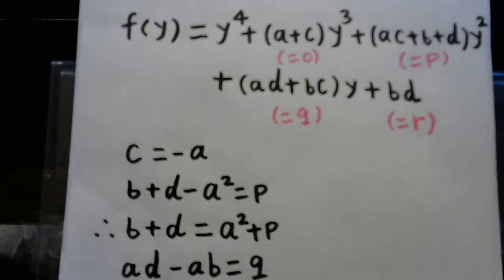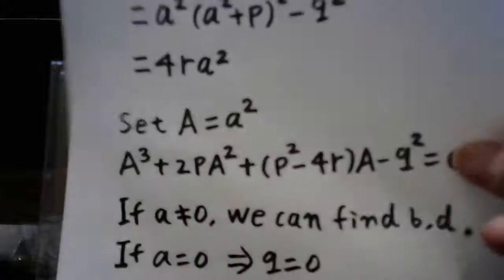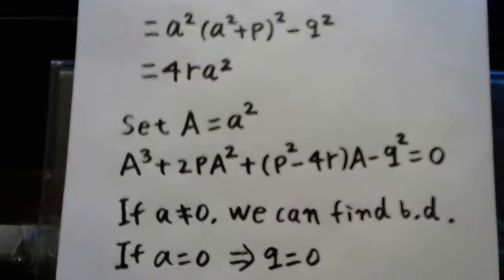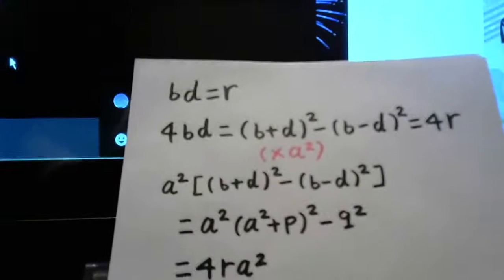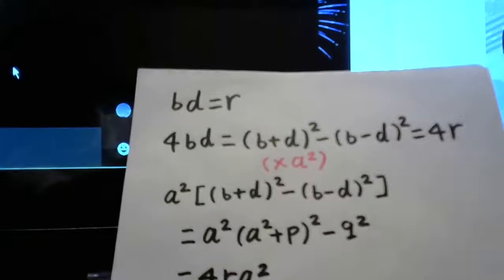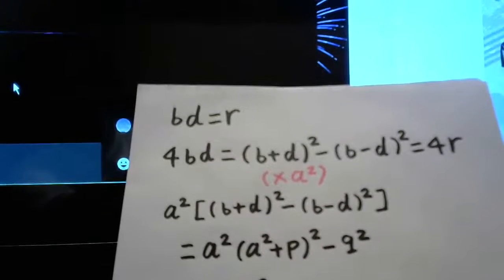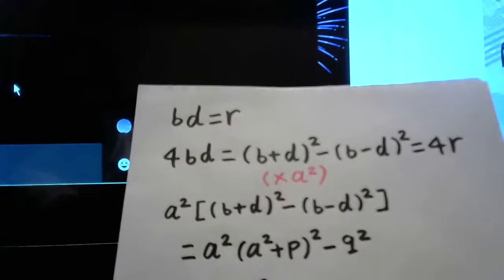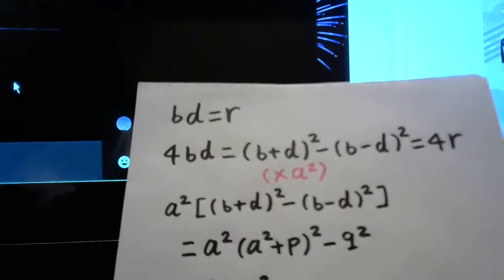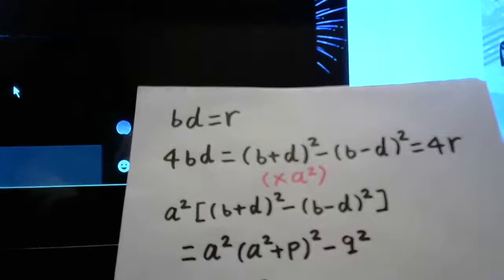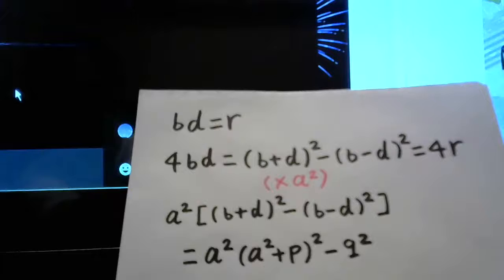For 4bd, we have (b plus d) squared minus (b minus d) squared is equal to 4r.